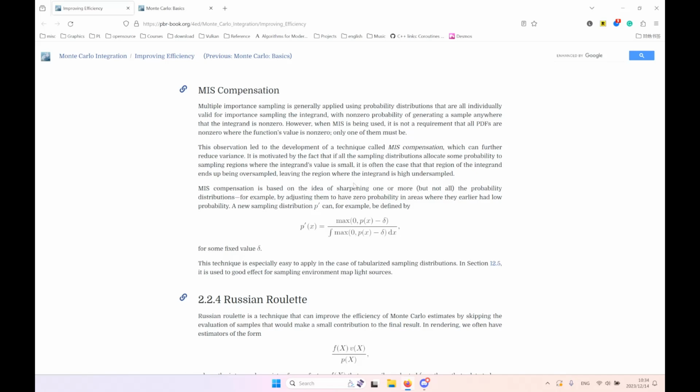Yeah, makes sense. As long as we use correct weighting.